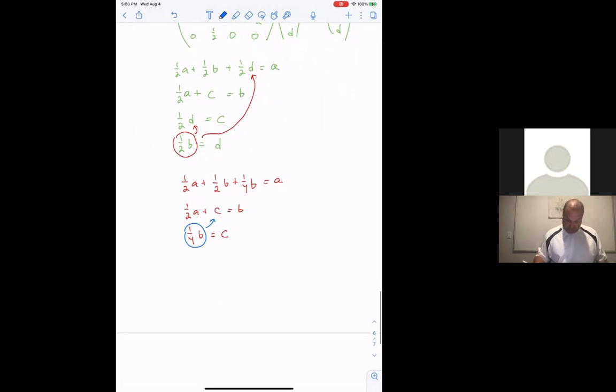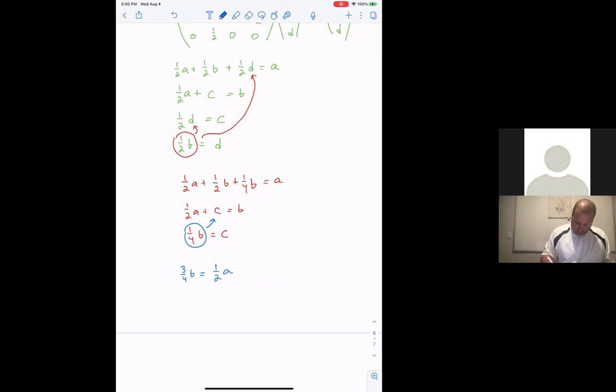So my first equation, if I subtract A, I get negative 1/2 A plus 3/4 B is equal to, actually, let's get all the A's on that side. So I have 3/4 B is equal to 1/2 A.